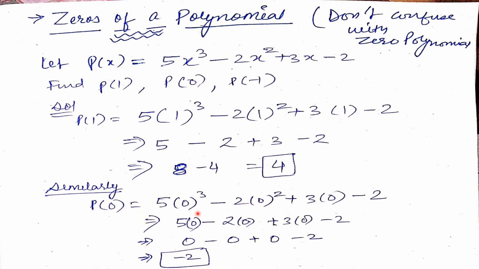So you can see, similar to the last part, I have replaced all the x with 0, but in bracket, because whatever new comes always comes in a packing. So 0 cube is 0 only, 0 square is 0 and 0 is 0. 5 into 0 is 0, 2 into 0 is 0, 3 into 0 is 0, minus 2. These zeros will be 0 only. Answer is minus 2. So we can say p(0) is equal to minus 2.